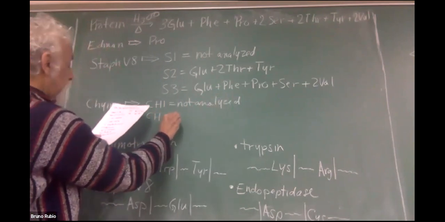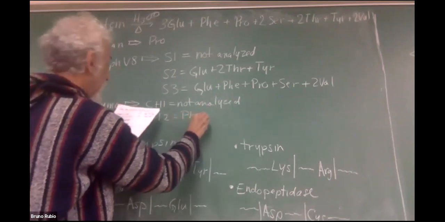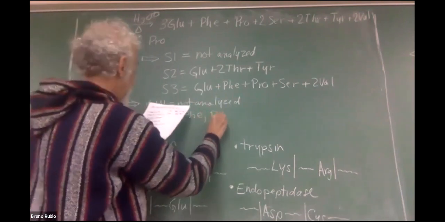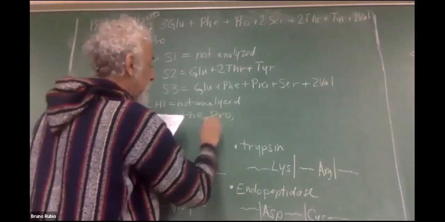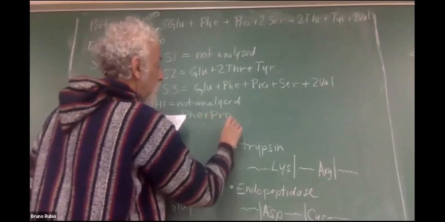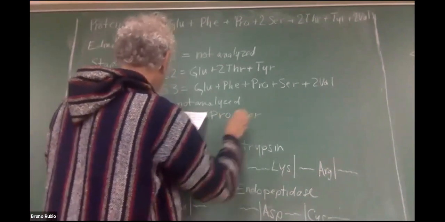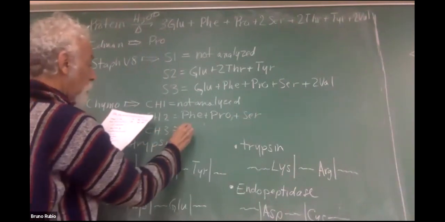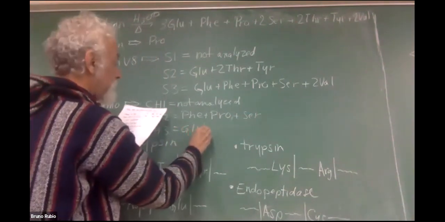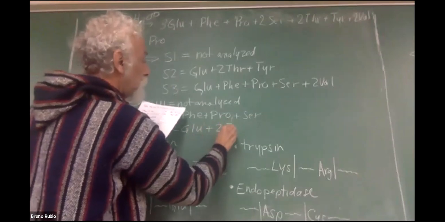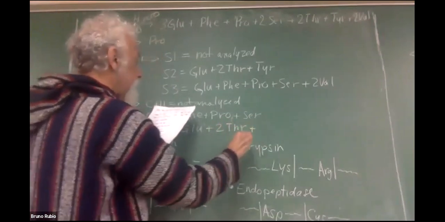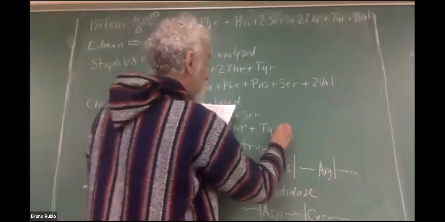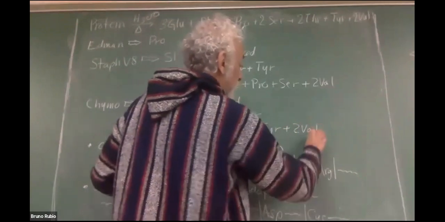CH2 turned out to be a phenylalanine, a proline, and a serine, and CH3 was a glutamic acid, 2 threonines, a tyrosine, and 2 valines.